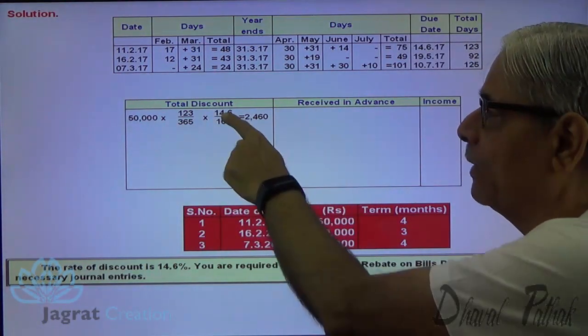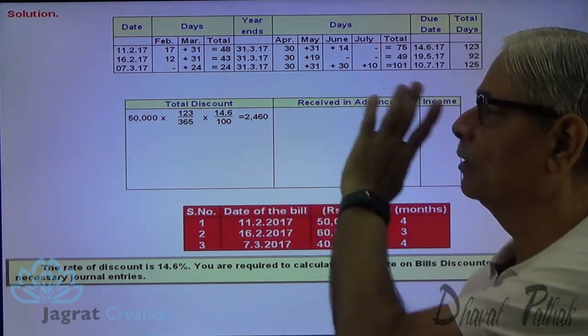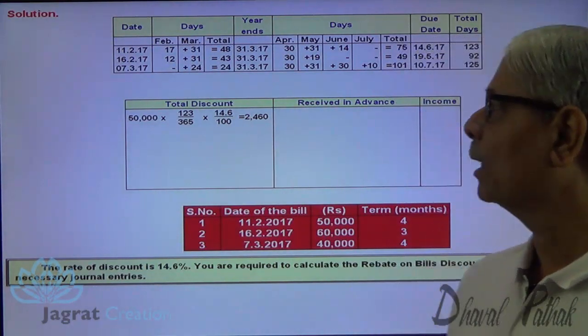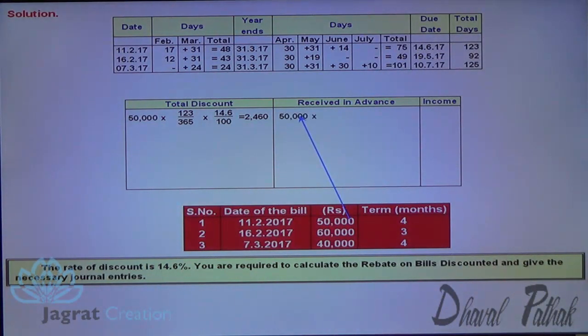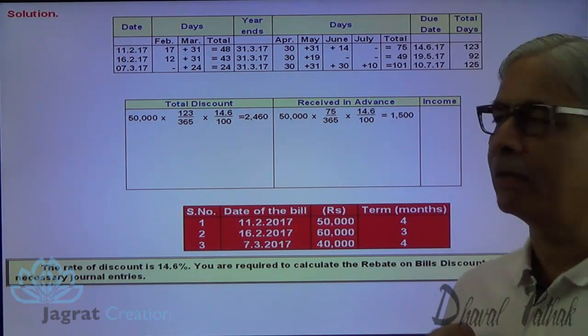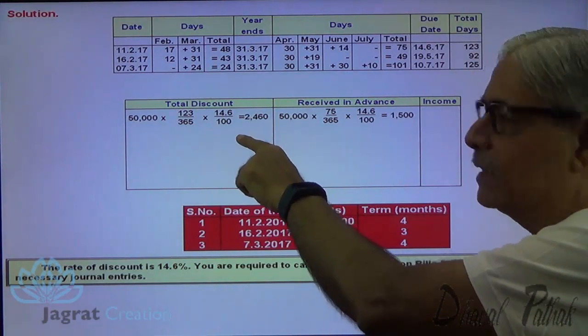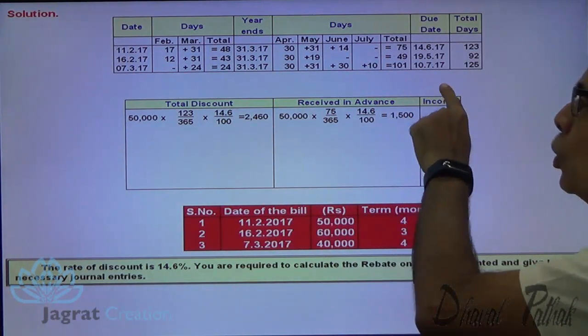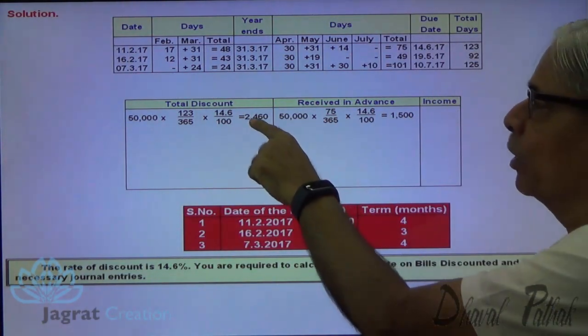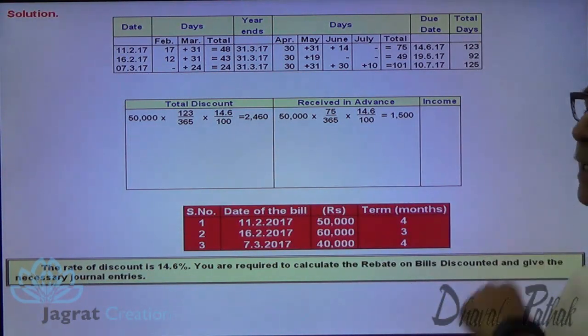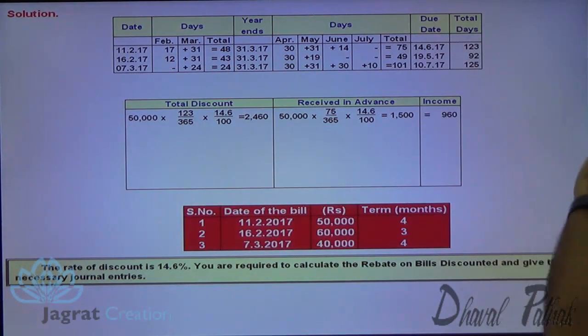This is the total discount. Out of that, how much discount is received in advance? This period's discount is received in advance: 75 upon 365 into 14.6 upon 100. This is the discount received in advance, 1,500. So my income for the current year will be 2,460 minus 1,500.